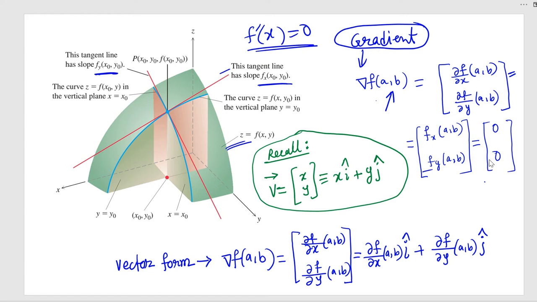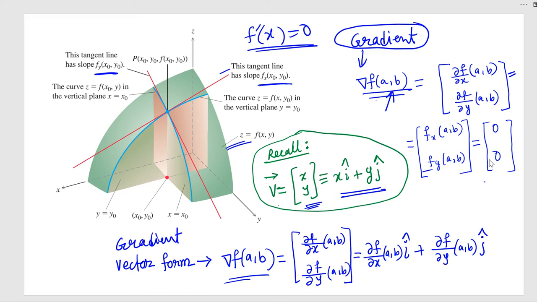Whether it is a maxima or minima, we have to study something more, which we will discuss. And in terms of vectors, a vector v can be written as a column of this form. Similarly, this can be read as the gradient vector.